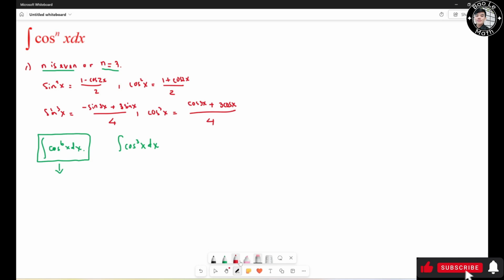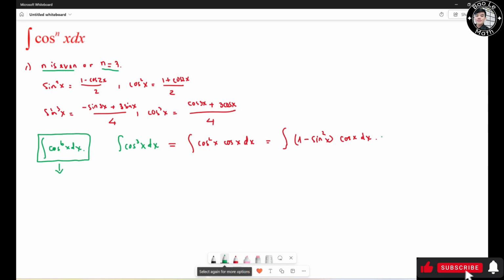Now this one can be written as the integral of cosine square of s times cosine of s ds, right? So cosine square of s, I just break it down into 1 minus sine square of s, right, times cosine s ds, right?